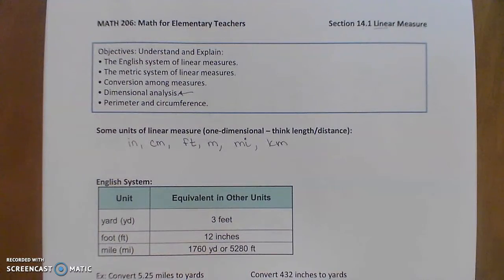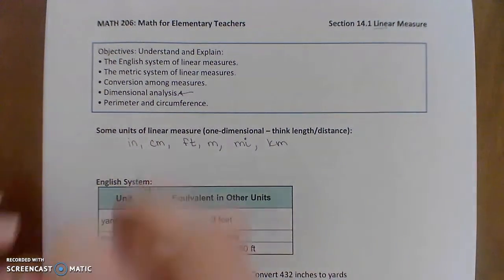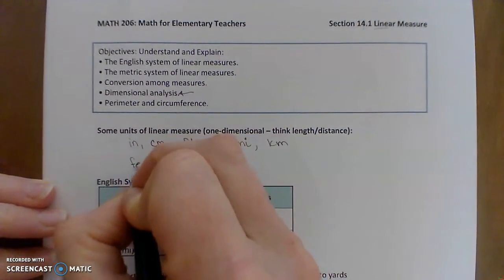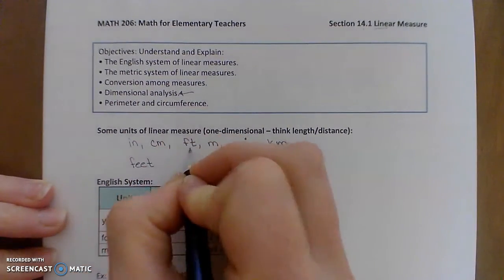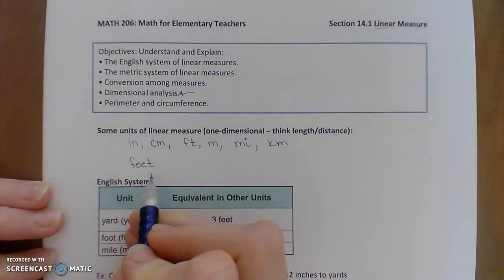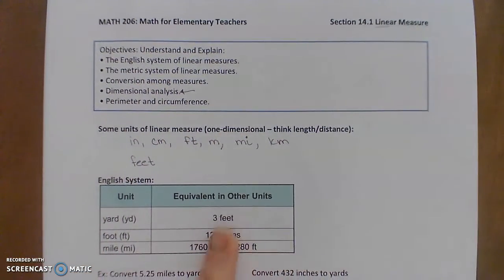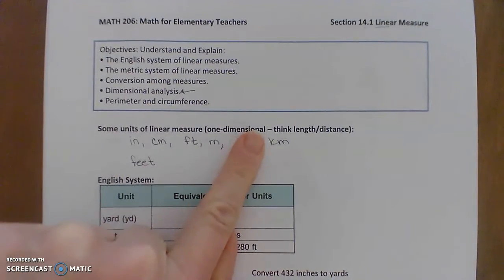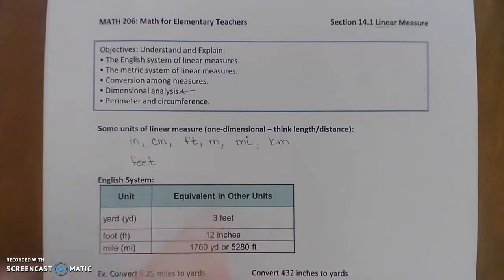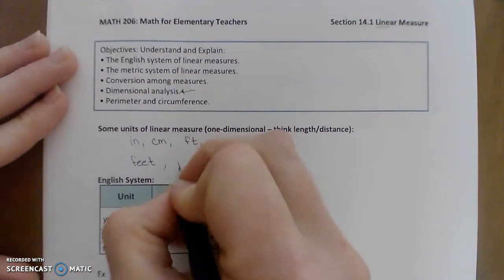And then there's some non-standard units of measurement. Like, for example, you can say how many of, not the standard English foot, but how many of your own feet, if you were walking heel to toe, how many of your feet would it take to cross the room? Or paper clips?